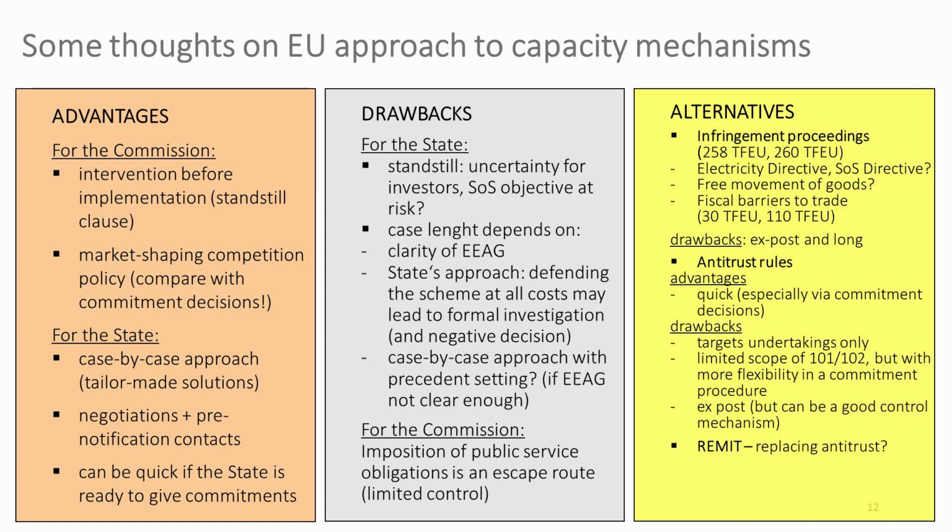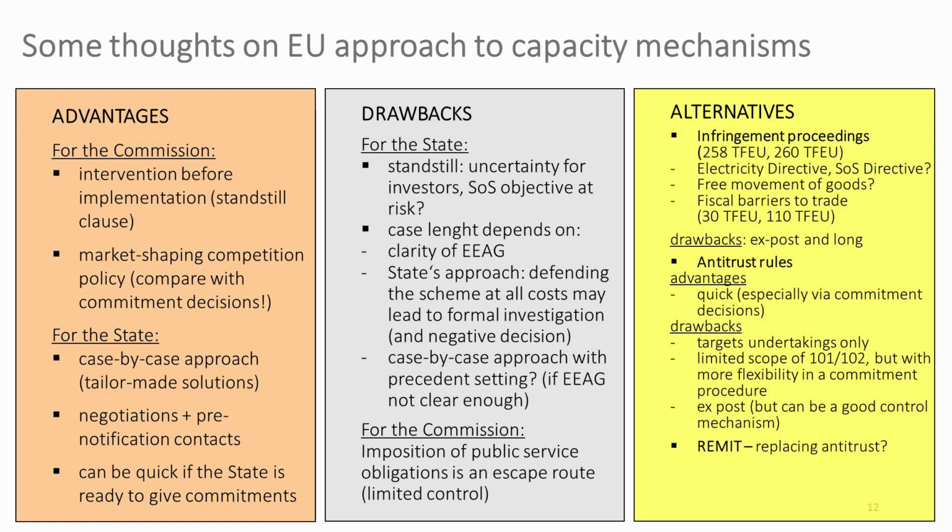The state benefits from this flexible, negotiated approach insofar as the Commission takes into account various country-specific circumstances and can agree to solutions that match the interest of the state.